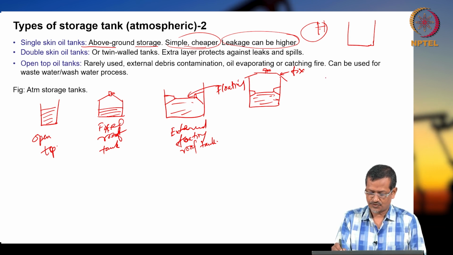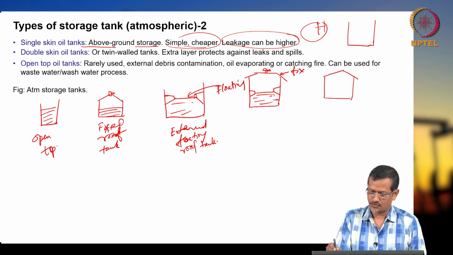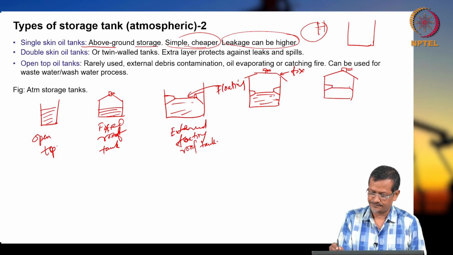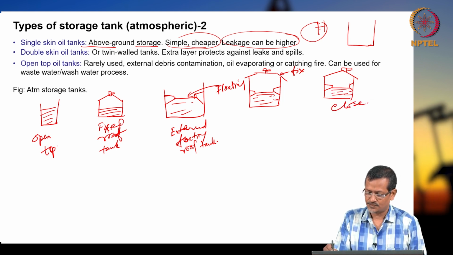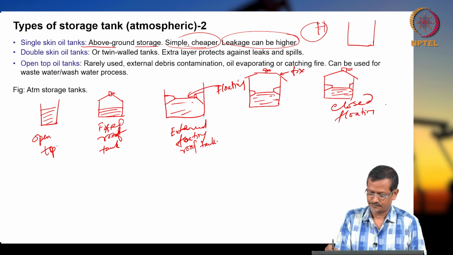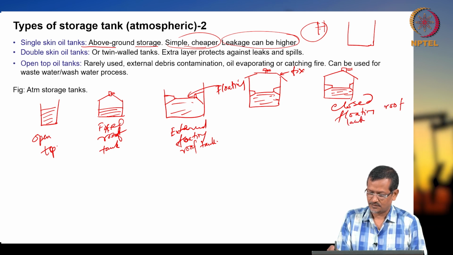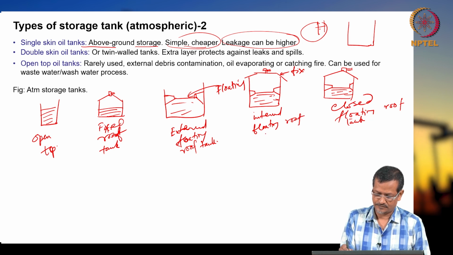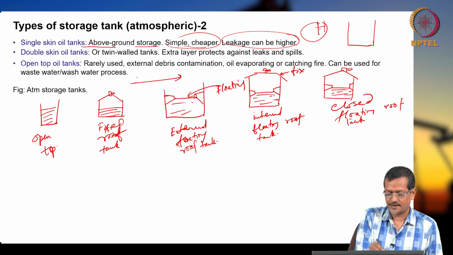And another is the closed floating roof tank, this is closed at the top. So, accessibility and other issues are there, okay. This is the closed floating tank. This is the internal floating roof tank, okay.